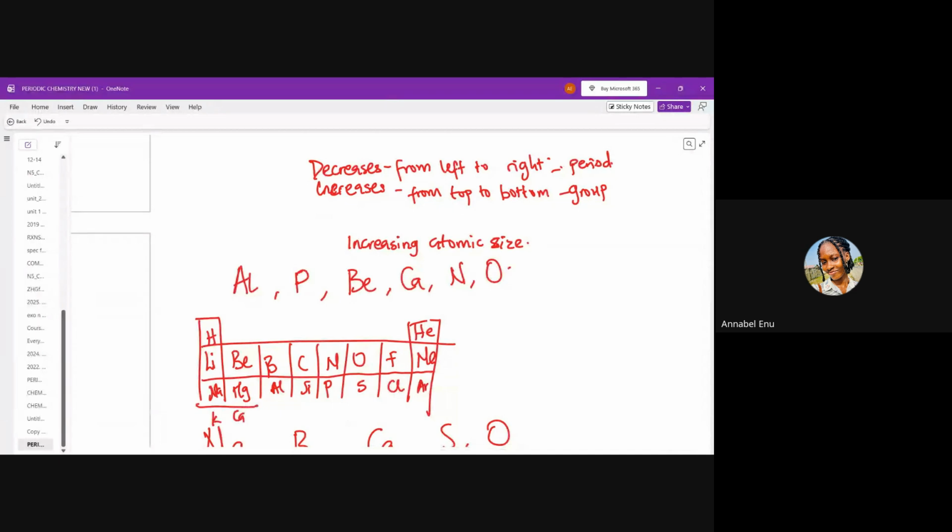So let me know, which is going to be the most in terms of increasing atomic size?